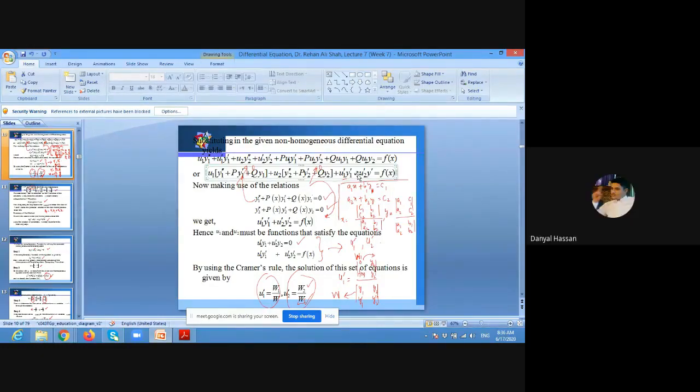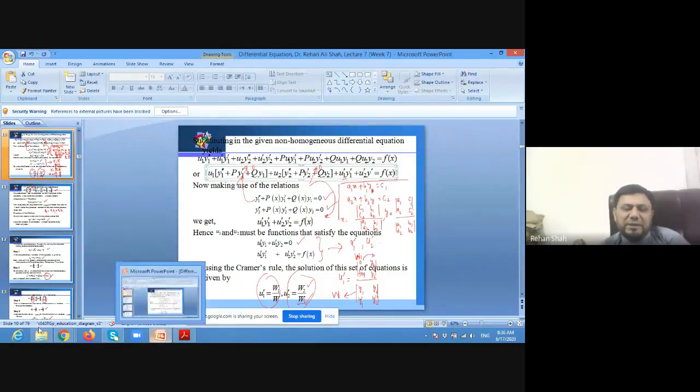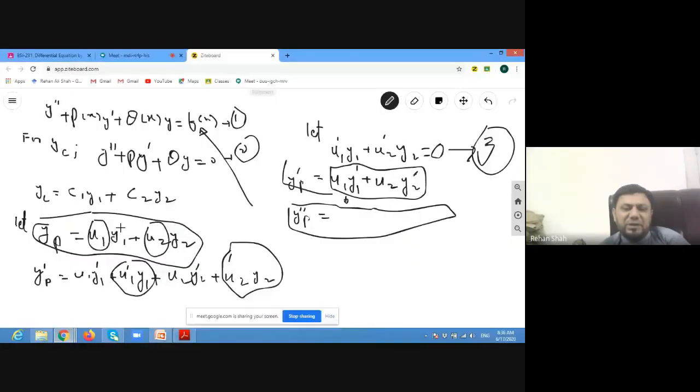Okay, so let's see. What is y1? y1 is the solution of this homogeneous equation. y2 is also the solution of this equation too.